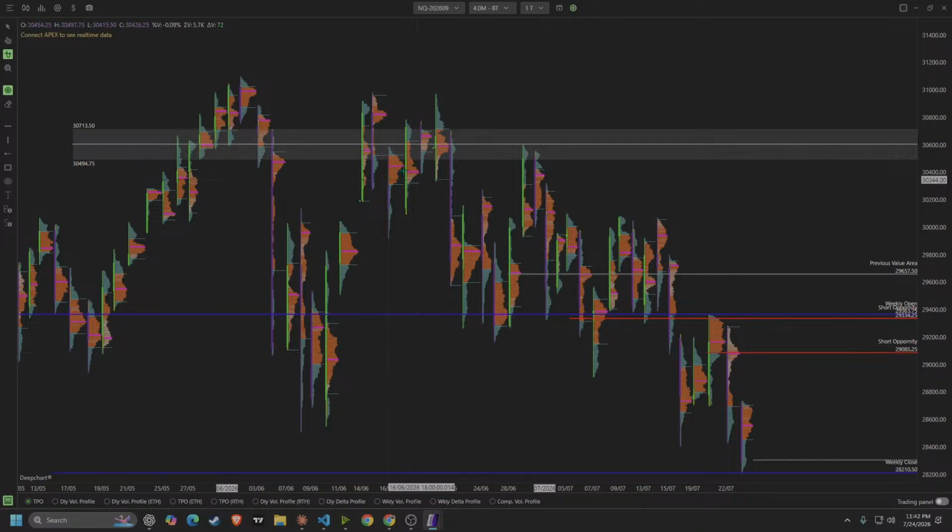So we did tap back into this level already, and we tapped back into it again, but we haven't tapped into this level. That's 1000.